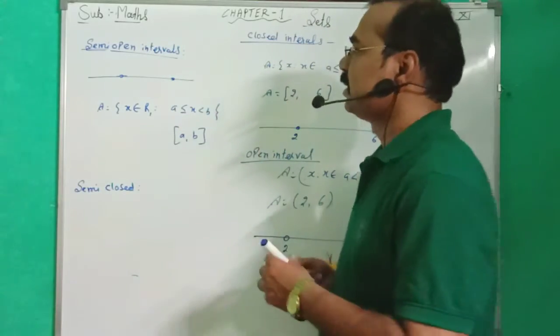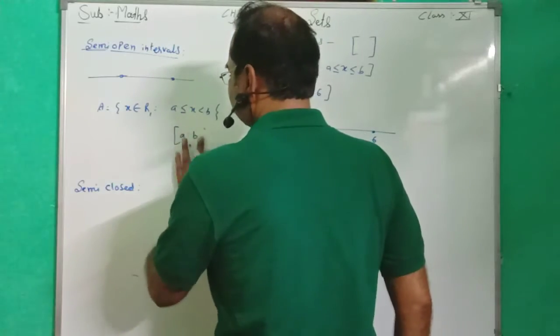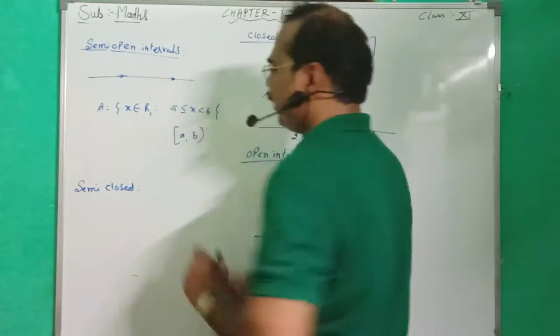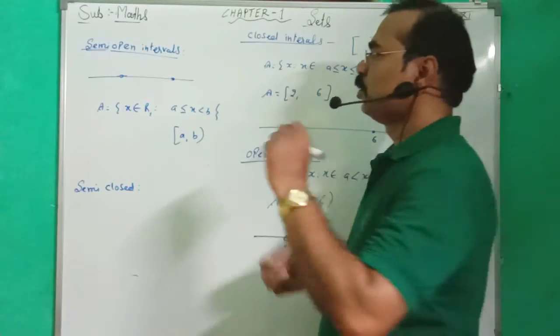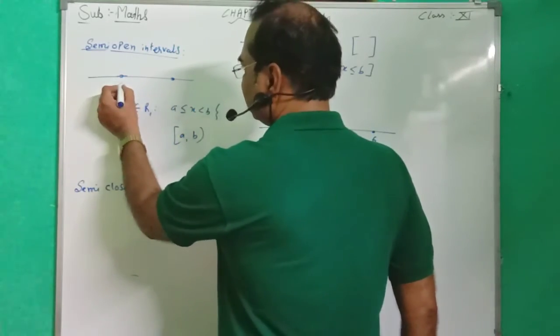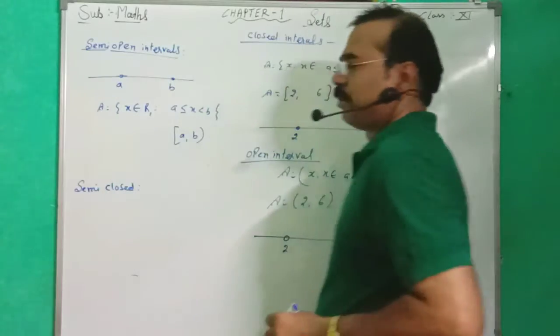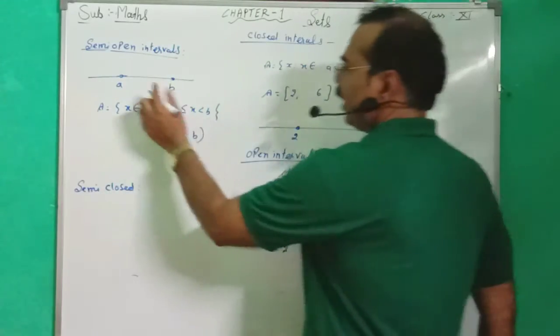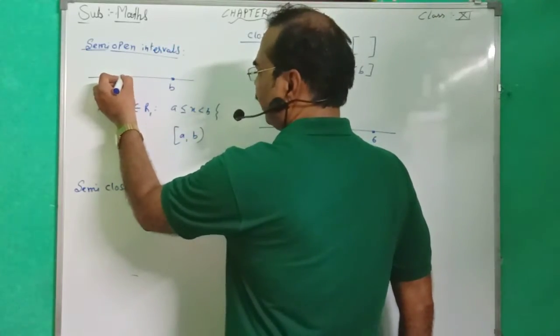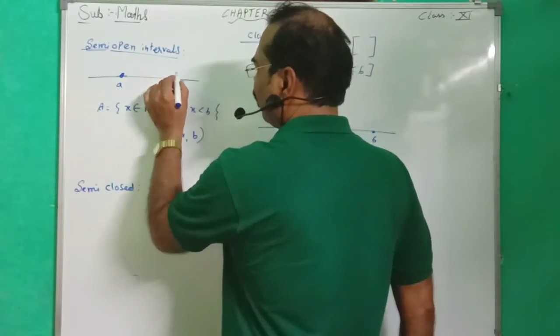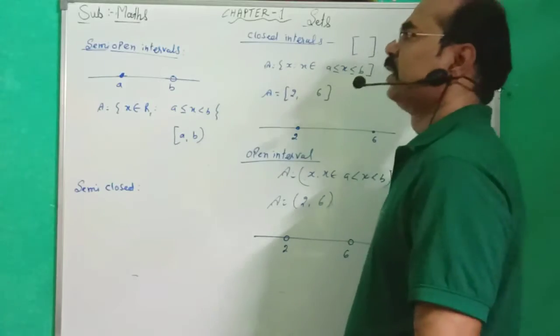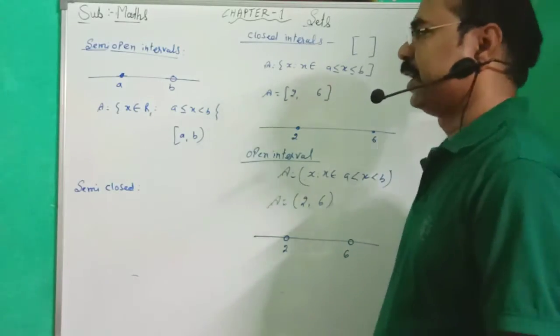Suppose we represent it on a number line: the value of A is included and the value of B is not included. That is called a semi-open interval.